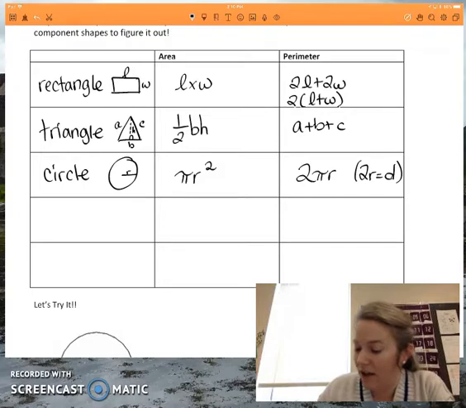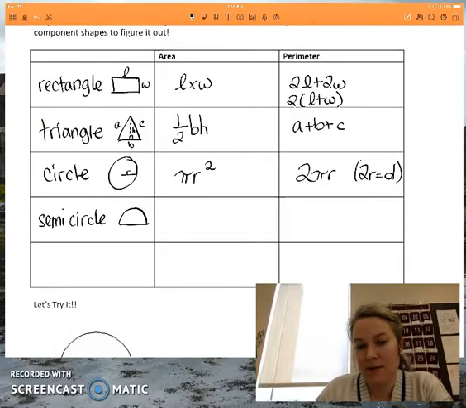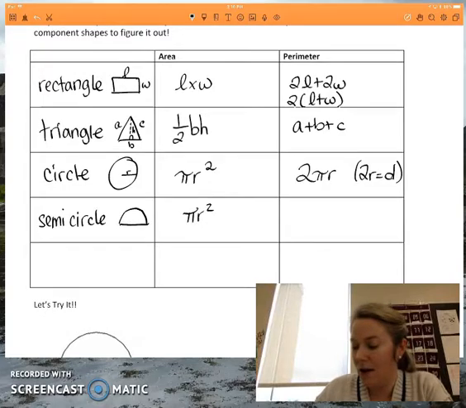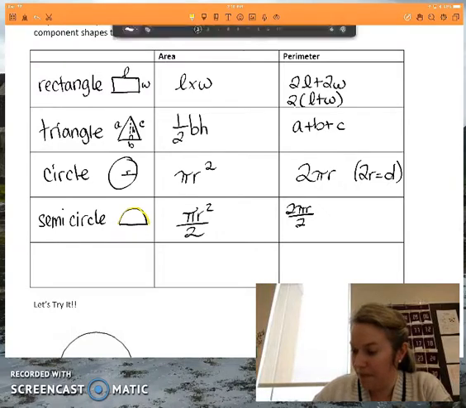Now we could have what we call a semicircle, like that. Since it's half a circle, and that's the formula for the area of a circle, obviously we're just going to divide that by 2. And if we're doing the perimeter, we're going to have 2 pi r divided by 2, which in this case gives us this part.